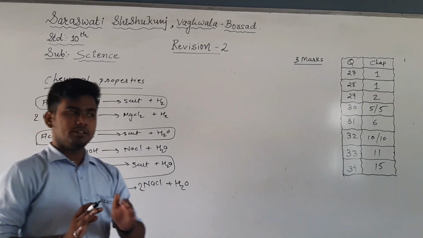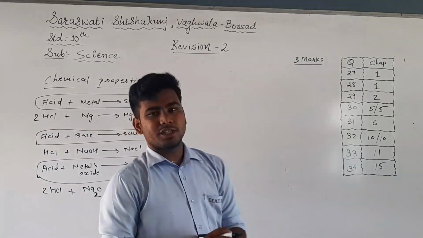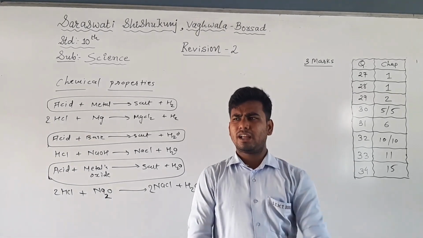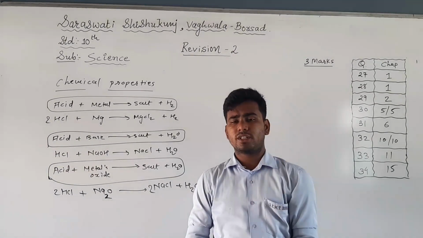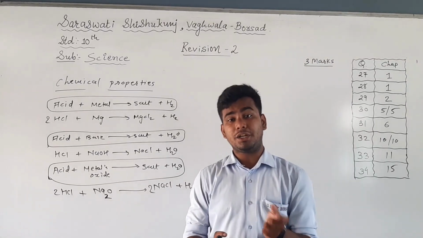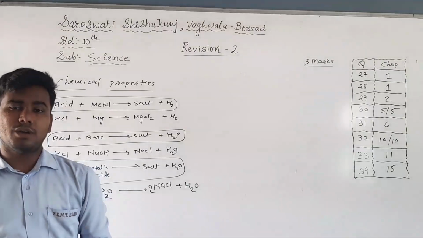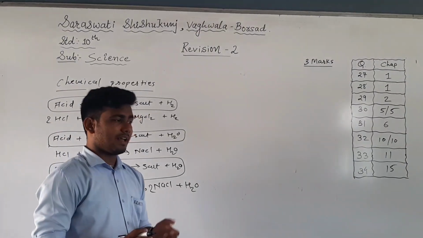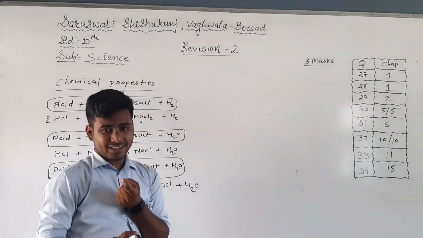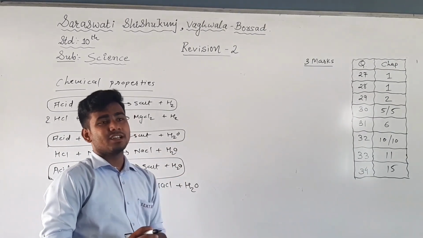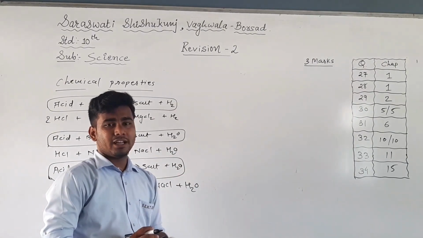Now, another thing which can be asked to you in 3 marks is the importance of pH. Any two importance of pH, or importance of pH in tooth decay, is also an important topic. The calcium phosphate layer is there, and if the pH is less, meaning the acidity is more, tooth decay takes place.